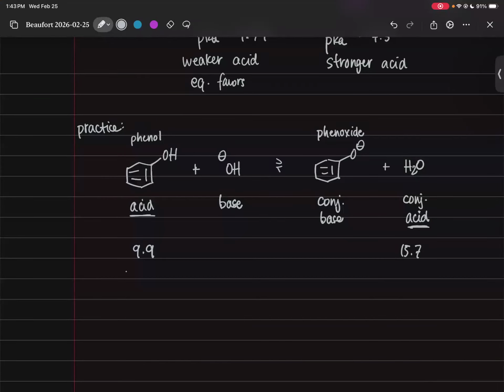Phenol. All right, so the equilibrium favors the weaker acid, and so equilibrium is going to go to the right in this reaction.